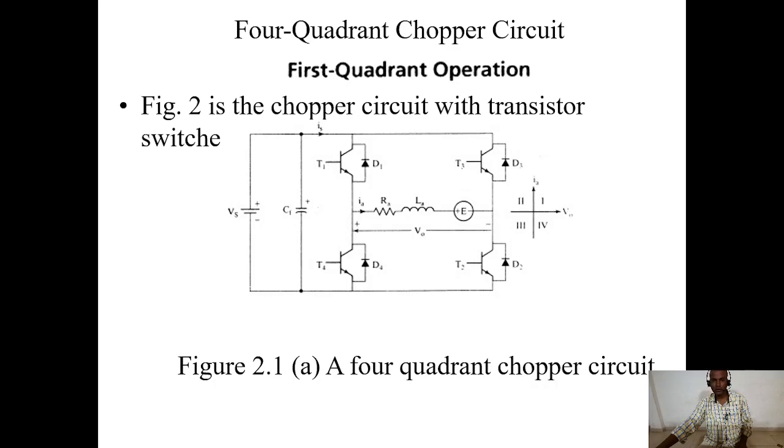This is the basic fundamental chopper circuit. It contains Vs as a source voltage, and we have 4 transistor models, and each transistor model contains one freewheeling diode. The transistor 1 is connected with freewheeling diode D1, transistor 2 with freewheeling diode D2, transistor 3 with freewheeling diode D3, and transistor 4 has a freewheeling diode D4.